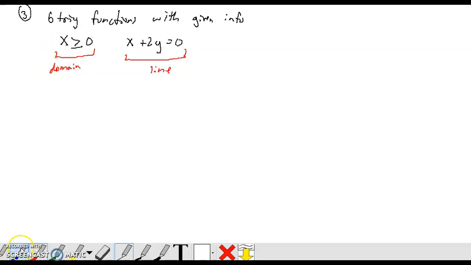All right, so let's go ahead and try to plot this information. The first thing I'm going to do is solve this one. So 2y is equal to negative x, y is equal to negative 1/2 x. Now I know that I'm starting at my origin, which we always do, and then I'm going to go down 1 and then over 2.